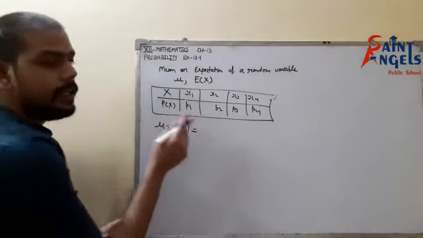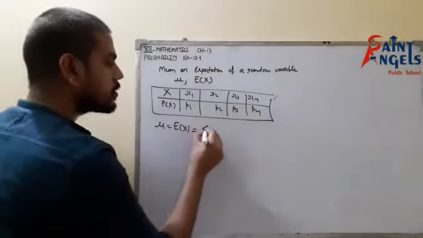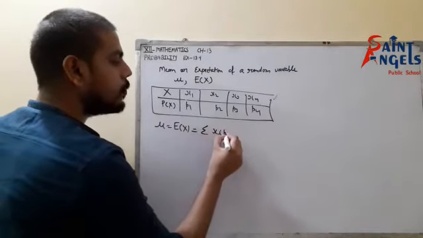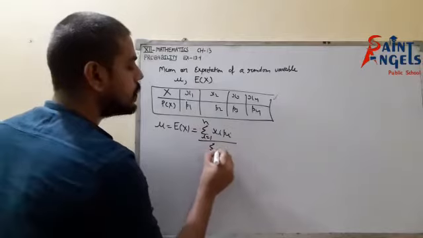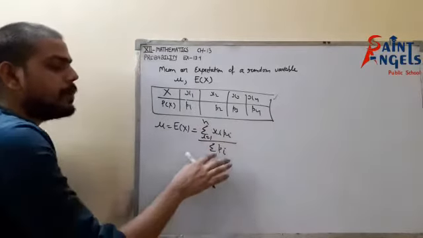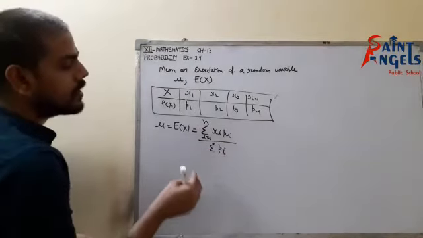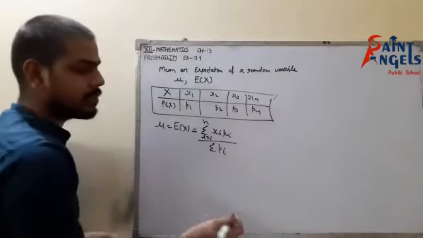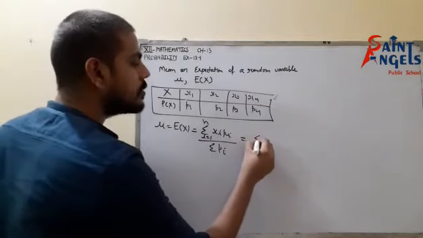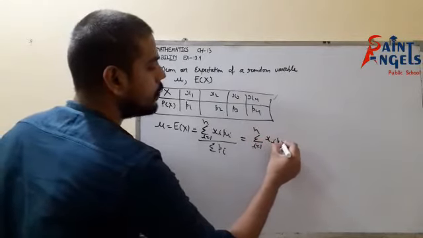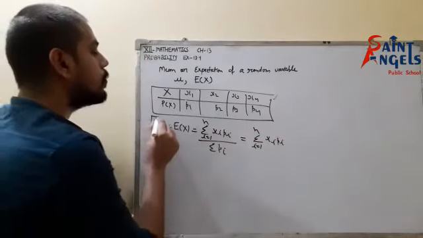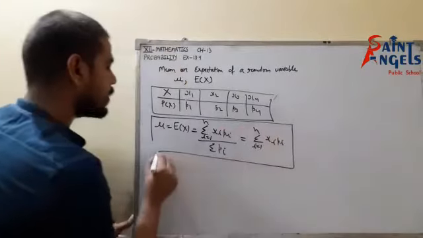The formula for mean is summation xi into pi, where i equals 1 to n, upon summation pi. But we all know that summation pi equals 1, so whether I write it in the denominator or not doesn't matter. In some books it is simply written as summation xi into pi, i equals 1 to n. So this is the formula for mean or expectation of x.